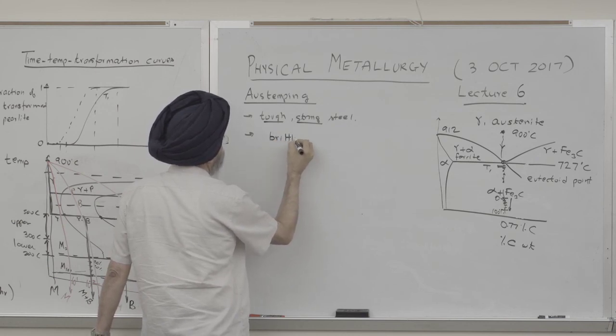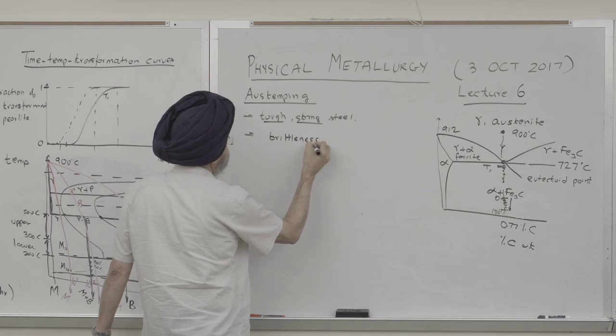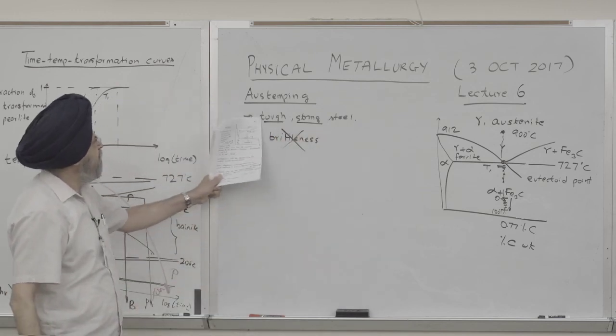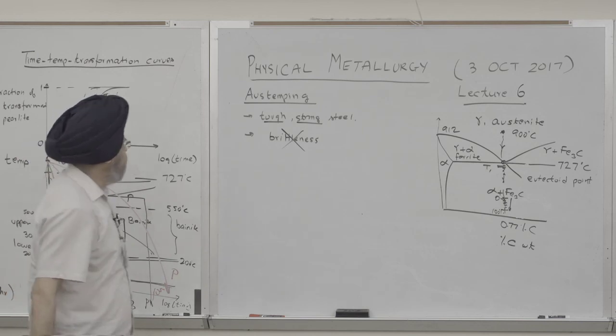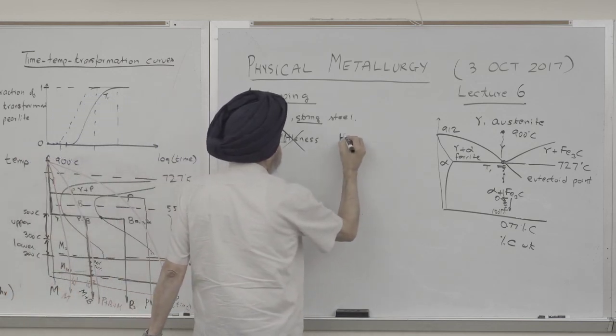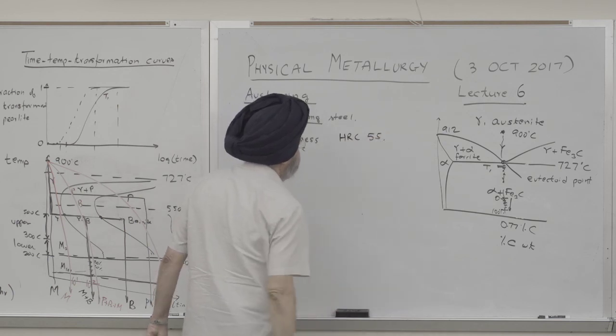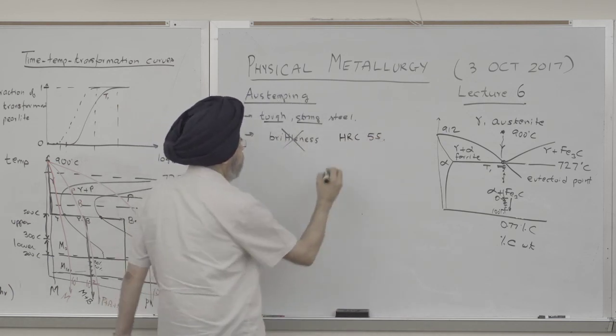You cannot tolerate brittleness. So you don't want the steel to be brittle. You want it very tough, very strong. Like say you want HRC of 55, which is very hard, but you also want it very tough.